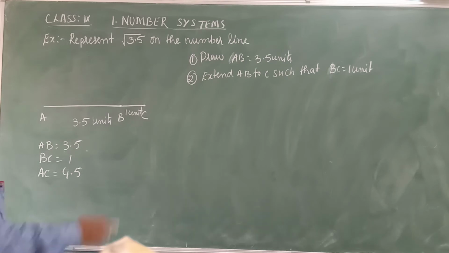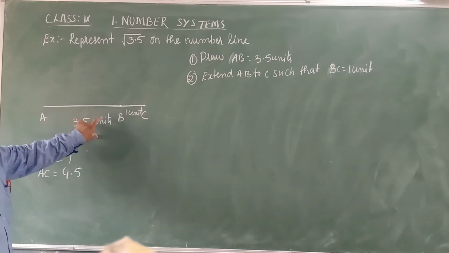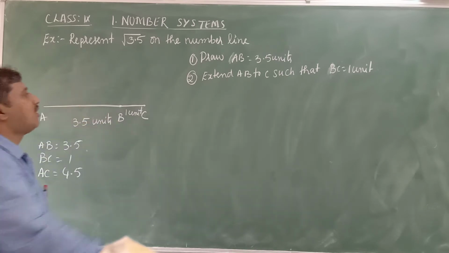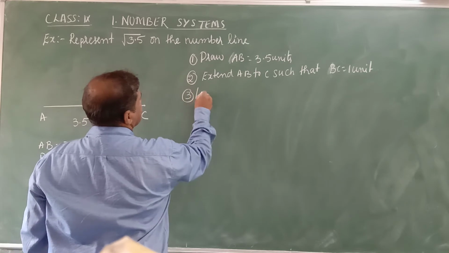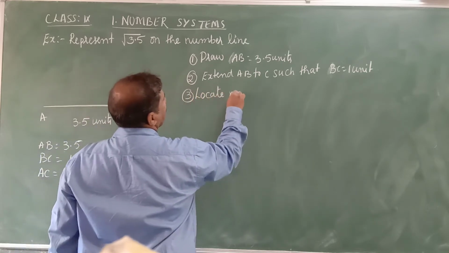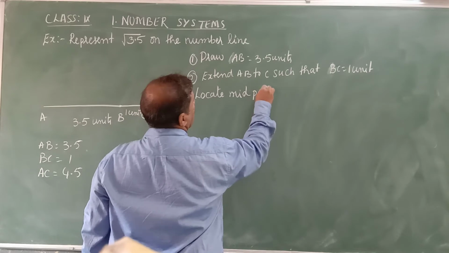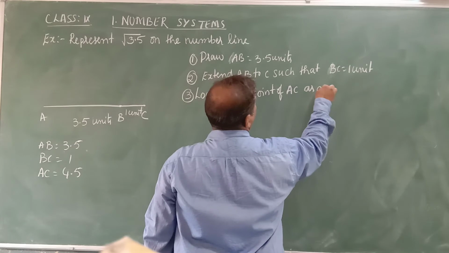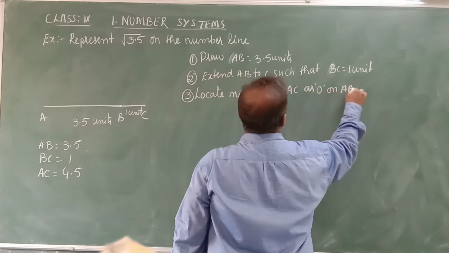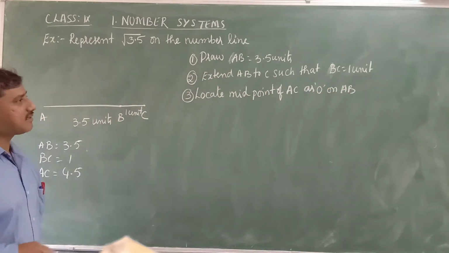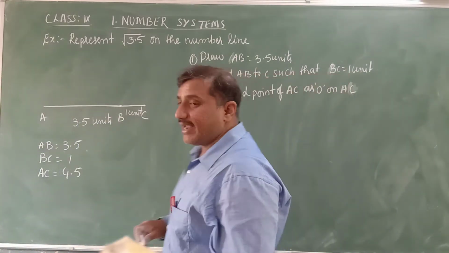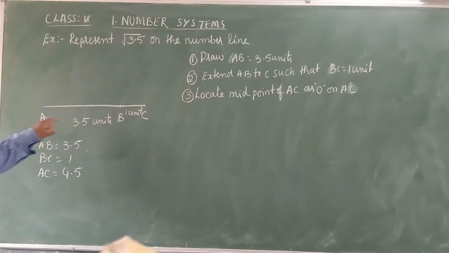Then locate the midpoint of AC and take that as O. So the third step: locate the midpoint of AC as O. How do you locate it?